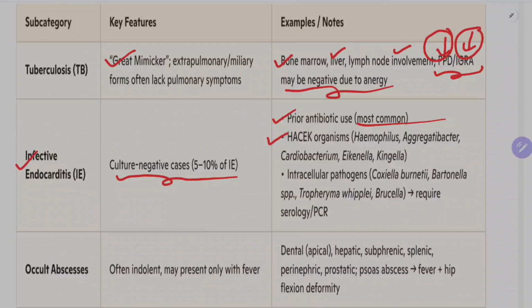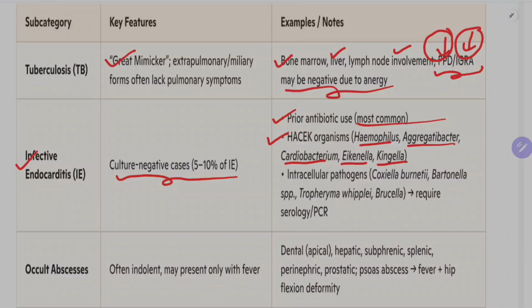Or the bacteria may be such that they cannot be grown in culture media, like the HACEK organisms. What is HACEK? H for Haemophilus, A for Aggregatibacter, C for Cardiobacterium, E for Eikenella, and K for Kingella. These HACEK organisms cannot be grown easily in culture.